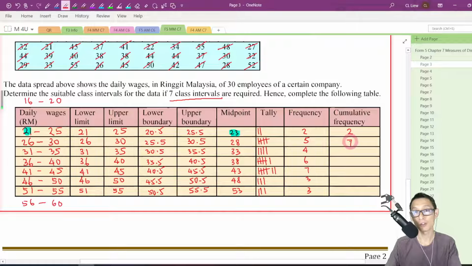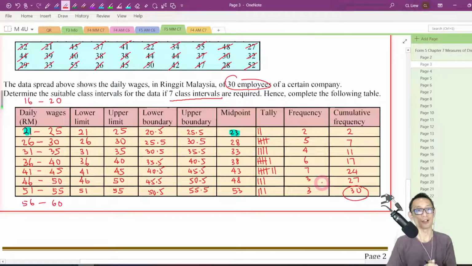Okay, the 7 is included to here. So 7 plus 4, 11, 11 plus 6, you will get 17, 17 plus 7, 24, plus 3, 27, plus 3, you get 30. Always make sure that the last number here is the total frequency.